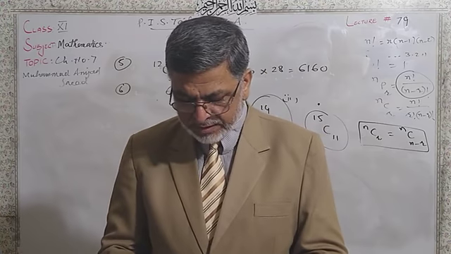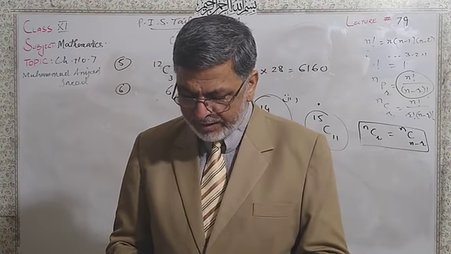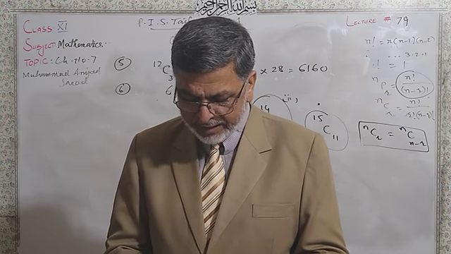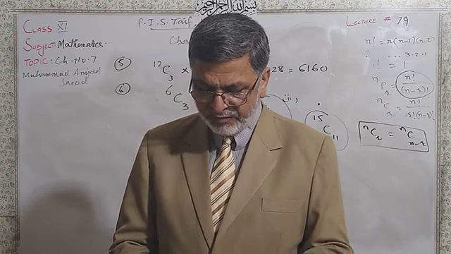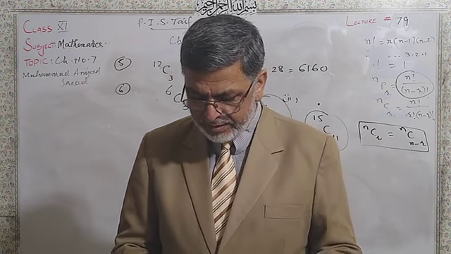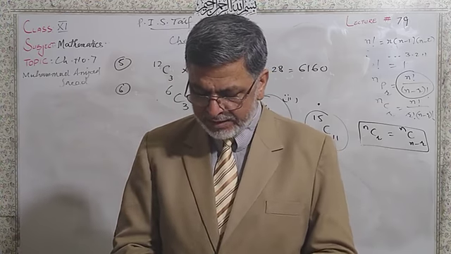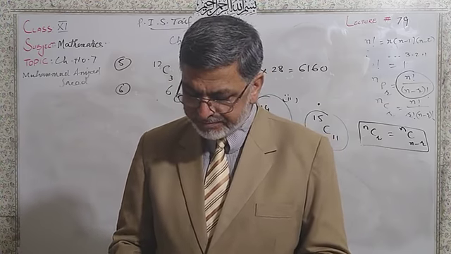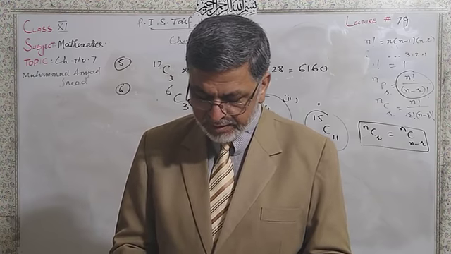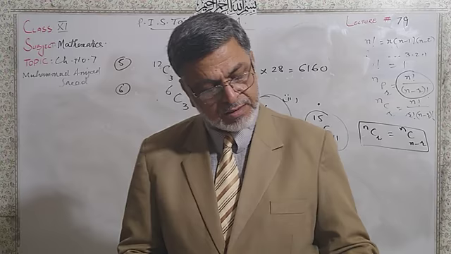So dear students, there are 8 men and 10 women members of the club. How many committees can be formed having 4 women? It means that if women are 4, then how many will be the men?